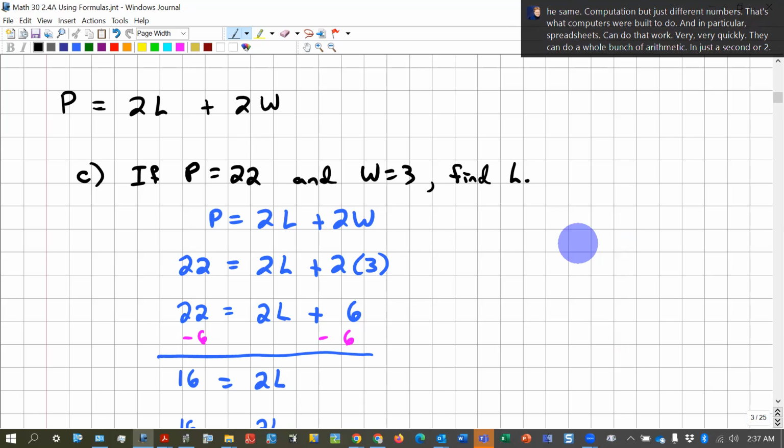But most computer programs don't know how to do any algebra.